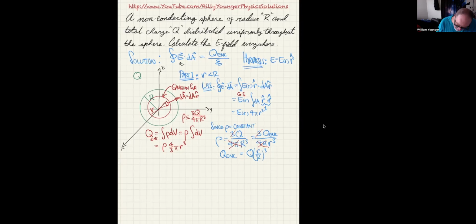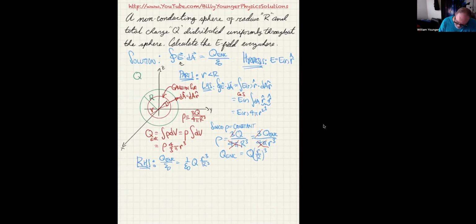So now we're going to say the right-hand side of Gauss's law, which is Q enclosed over epsilon naught. We know that's going to equal 1 over epsilon naught times Q times r cubed over big R cubed.